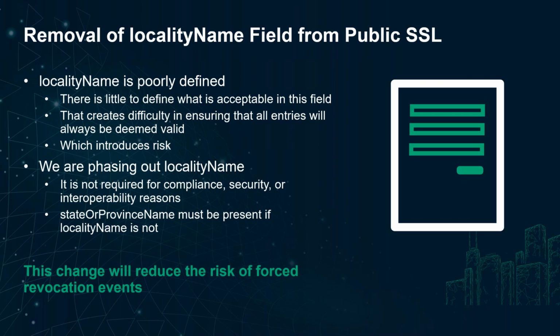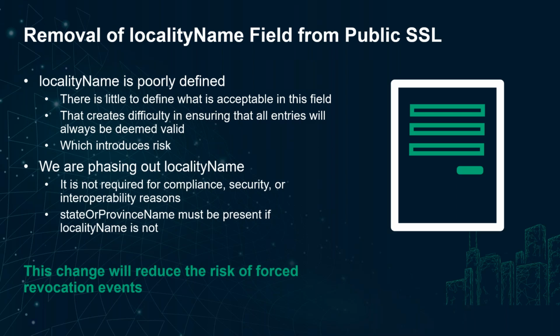The only way that it's required is there is a requirement in the CA/Browser Forum rules that states that either locality name or state or province name must be present. And since we are always able to assign a state or province to every single certificate request we have globally, there is no need ever to have locality.